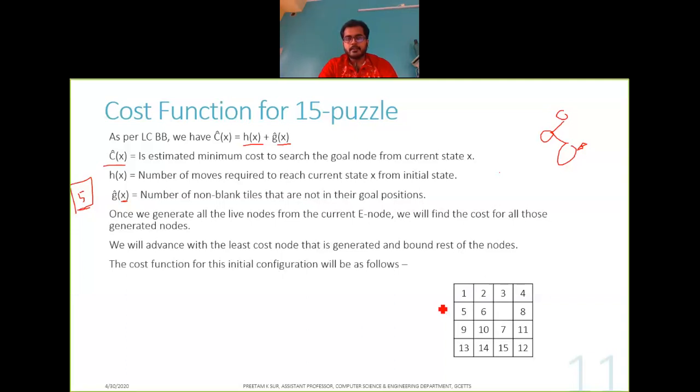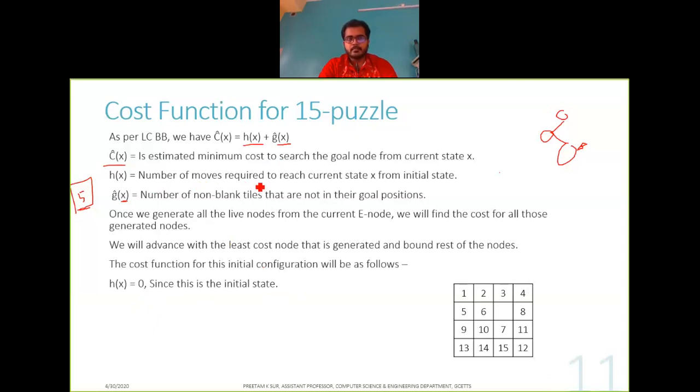Initially we have to find out its cost, I mean how many moves at least are required for this node to reach its answer state. That will be given by our c cap x, right? Now c cap x is again divided into two parts. h of x is 0, because this is the initial state.